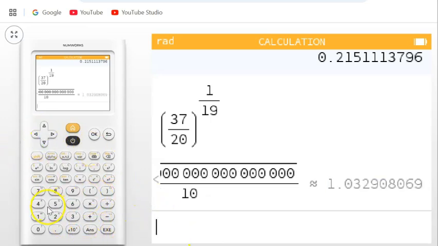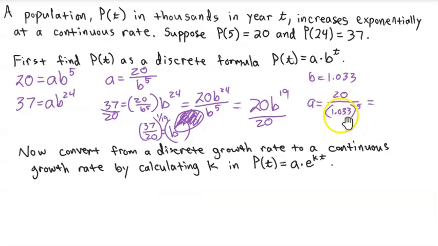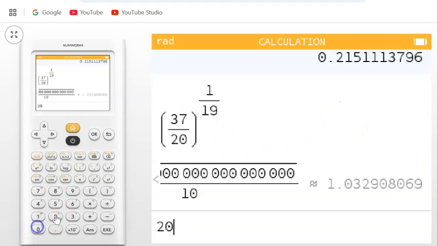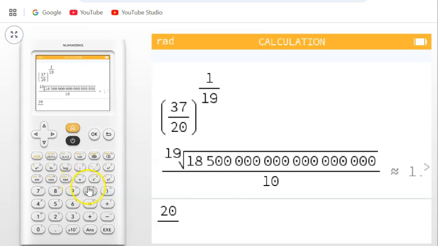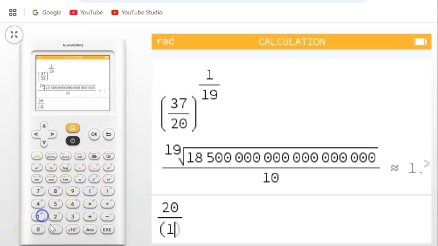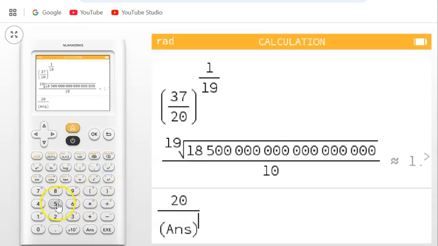So I'm going to do 20 divided by 1.033. But since that's the previous answer, I'm actually just going to press the answer button, and it's to the power of 5.